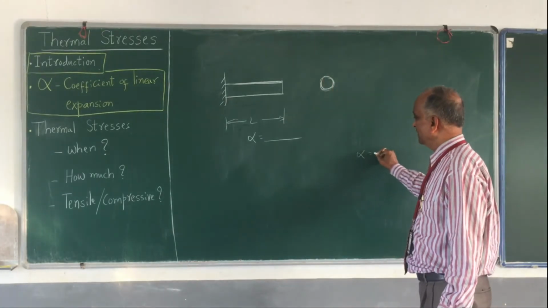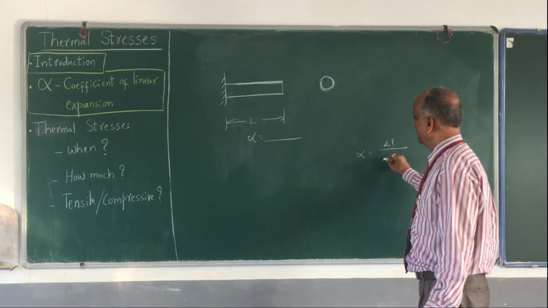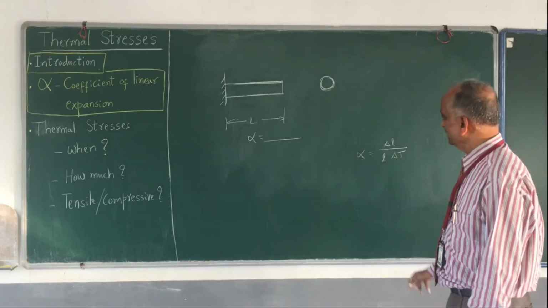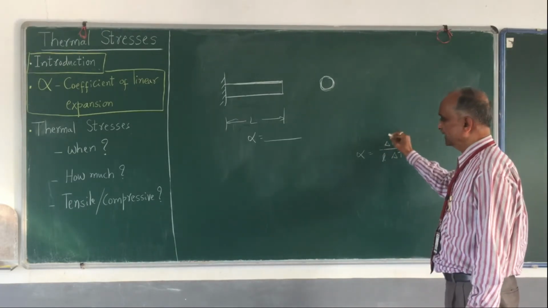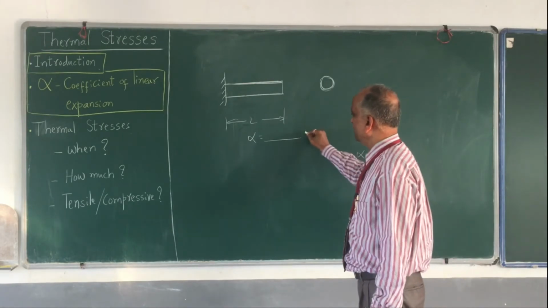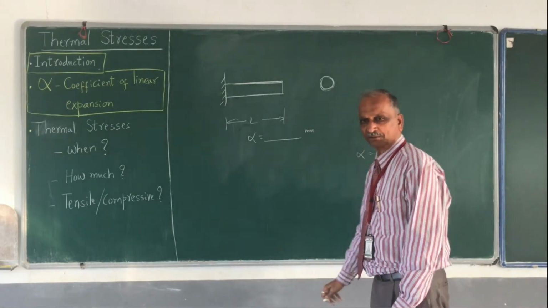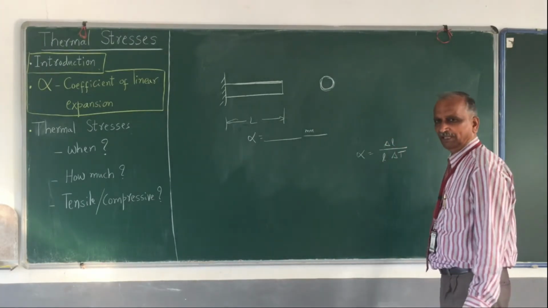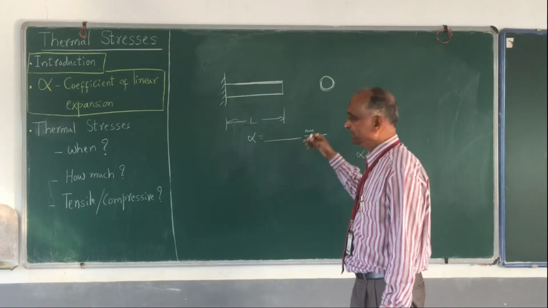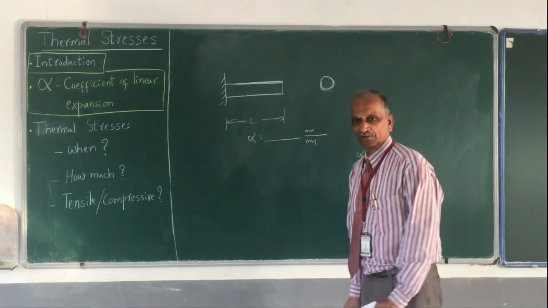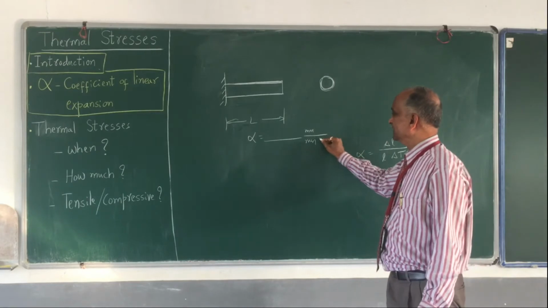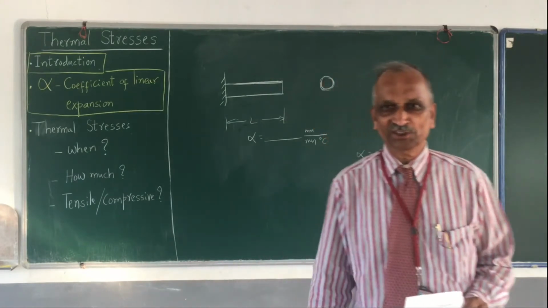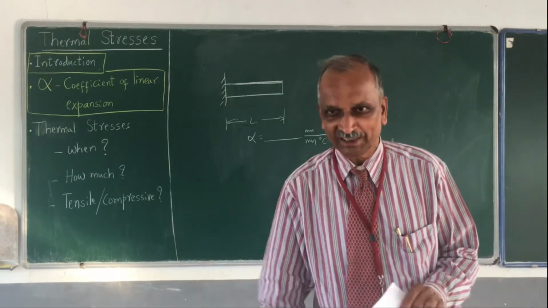Go back to the definition of alpha. Alpha is equal to delta L divided by L into delta T. Delta L is a change in length, which may be in millimeter, meter or centimeter, and L is the length again, in millimeter, meter, etc. Delta T is the change in temperature, T2 minus T1, where T1 and T2 are in degree centigrade, so it is not unitless.